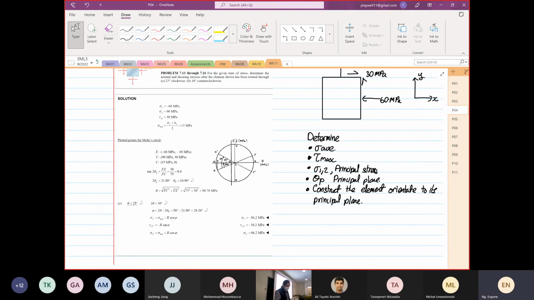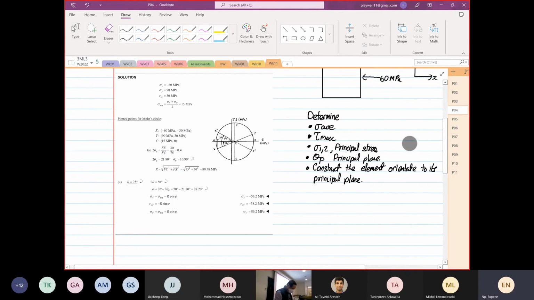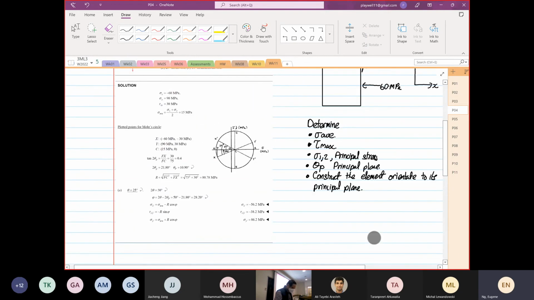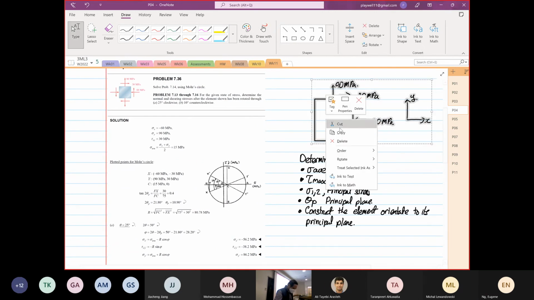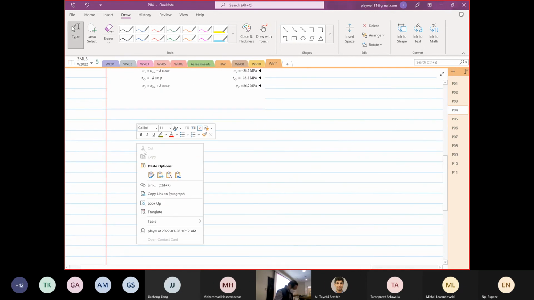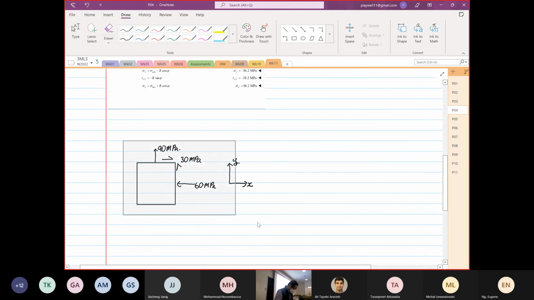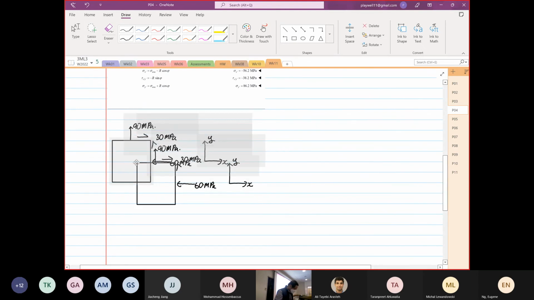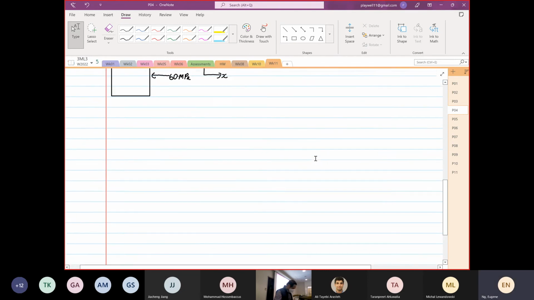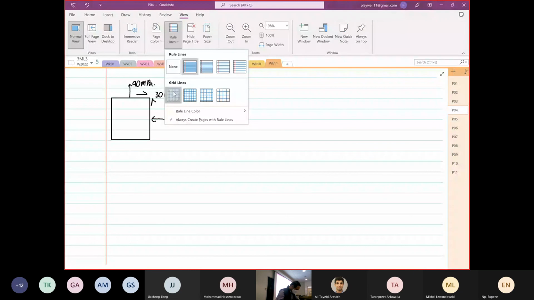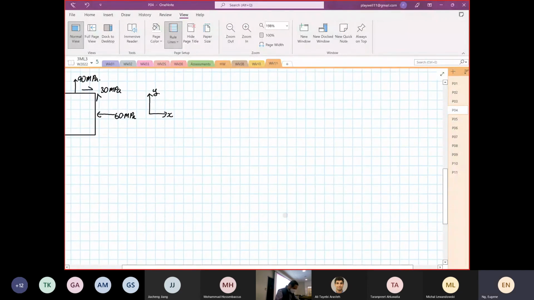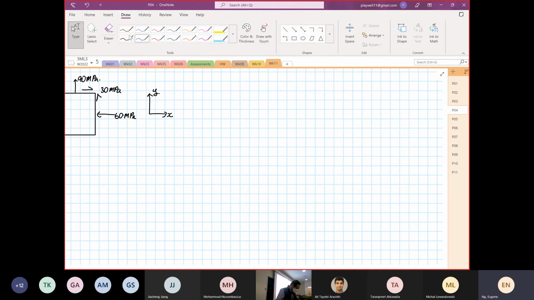Okay, so we're going to deal with this problem now. So we're going to construct Mohr circle. I'm going to copy this element. So we're going to draw Mohr circle. So on Mohr circle, now we have magnitude.